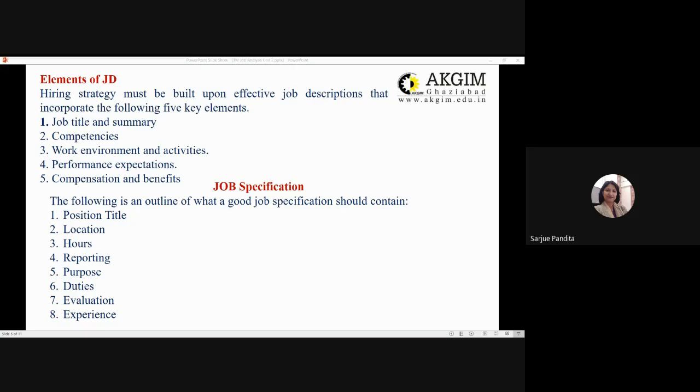Then purpose, this is the most important part of the specification, which will give an idea of what the person should accomplish or be aiming to achieve. Because the purpose of the job is how this job is relevant to the overall organization's performance. That means how that job is contributing to the achievement of overall organizational goals and objectives. That should be very, very clearly defined.